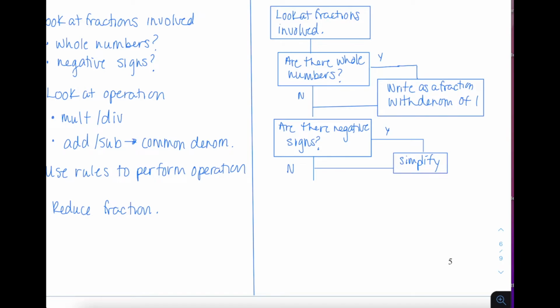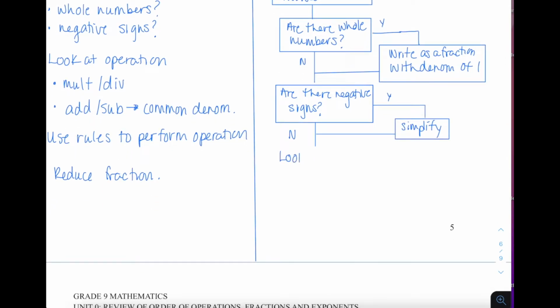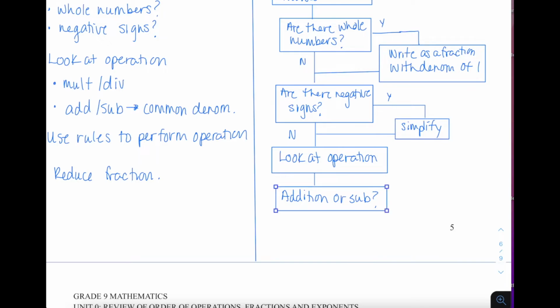But regardless, we need to look at the operation. Okay. And then we have to ask ourselves, is it addition or subtraction? And if the answer is yes, we need to find a common denominator. If the answer is no, we don't have to do anything.